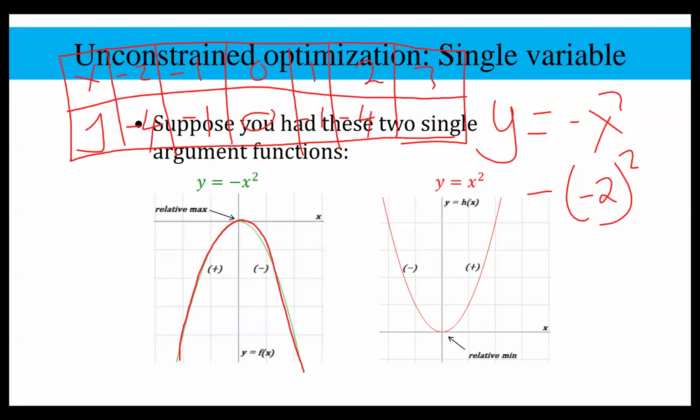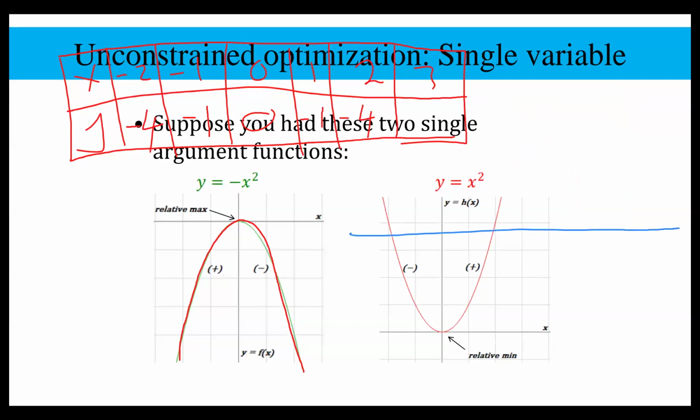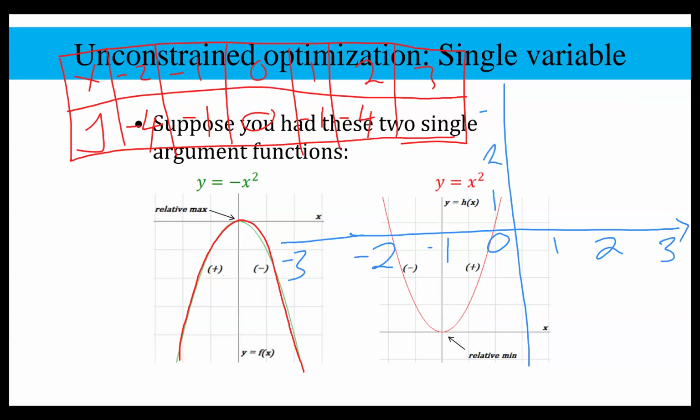So what we mean is this. When you graph this function, my good friend, let me use a marker. This is the x-y plane for you, right? 0, negative 1, negative 2, and negative 3, and 1, 2, and 3.